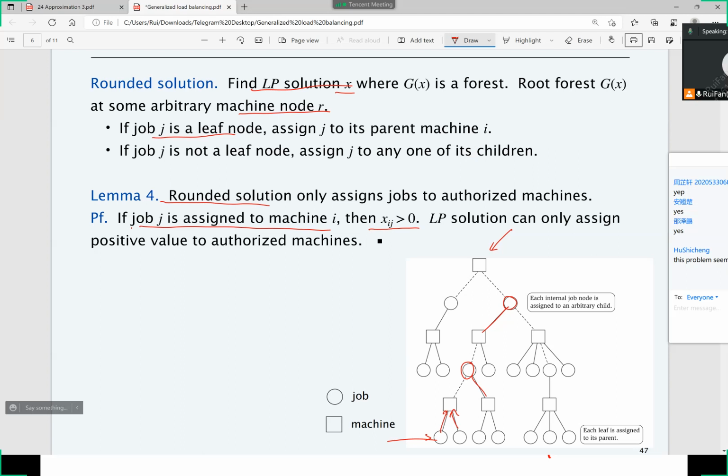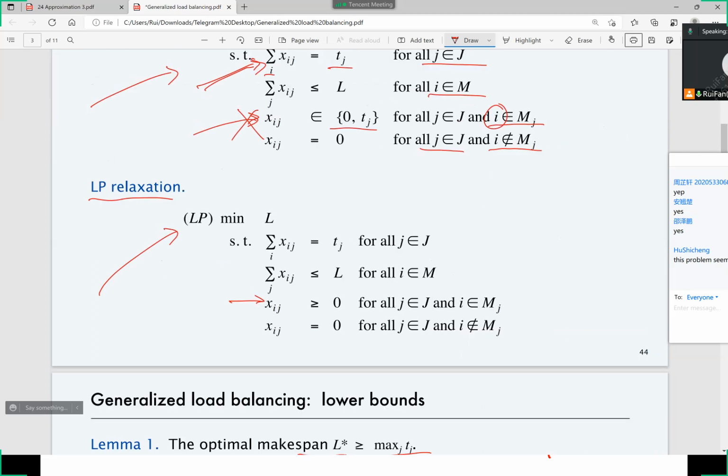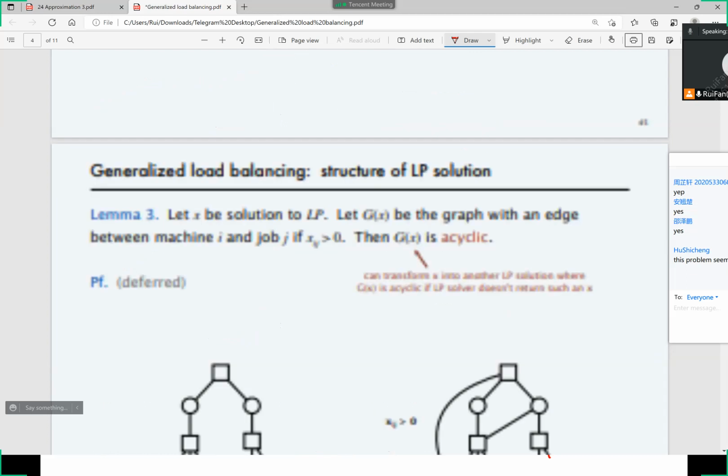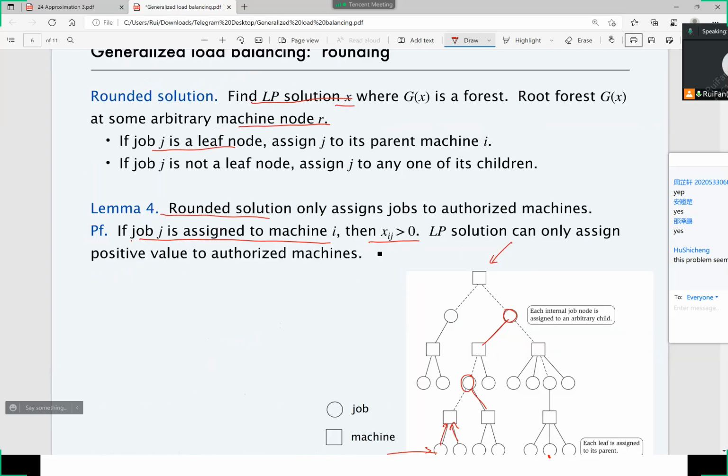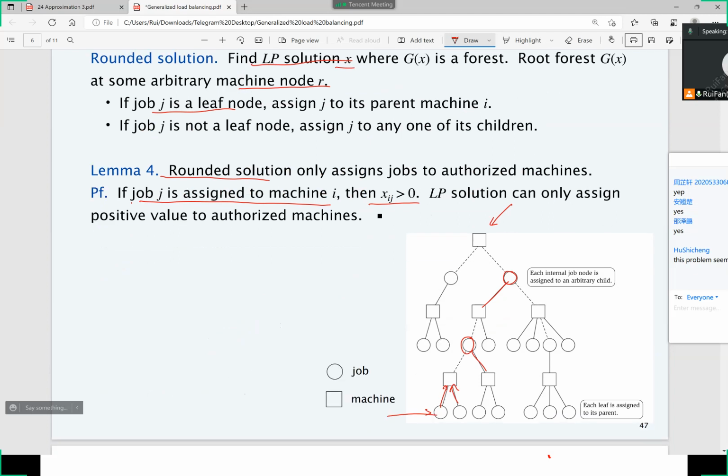If you go back to your LP, the only way for x_ij to be strictly larger than 0 is that j must be authorized on machine i. If j is not authorized on machine i, then x_ij has to be 0 in the LP. Therefore, if there is an edge from i to j, then j must be authorized on machine i.